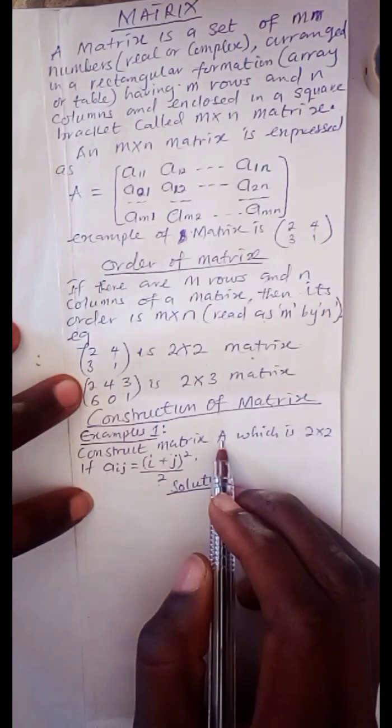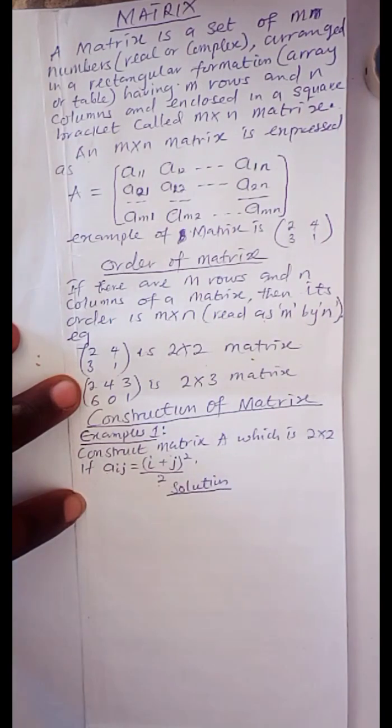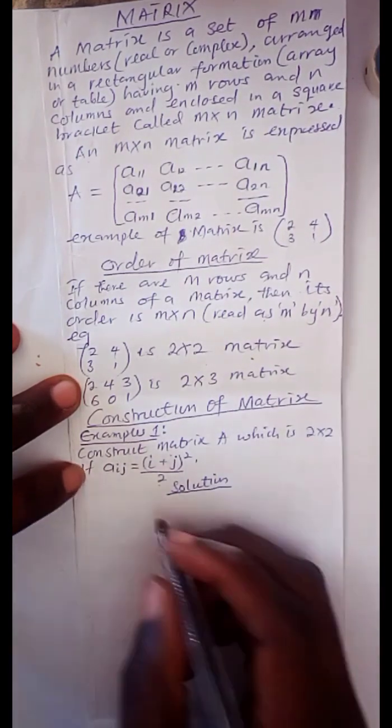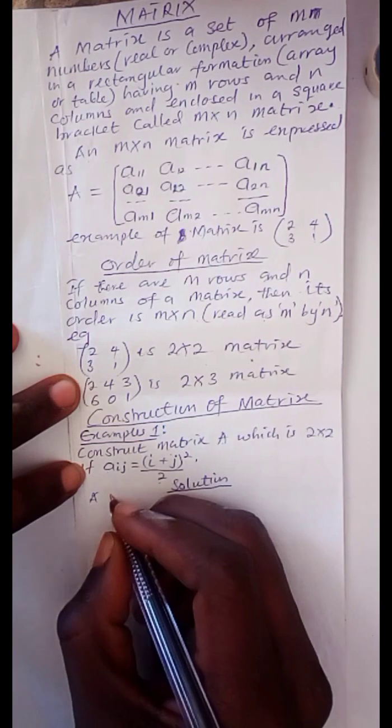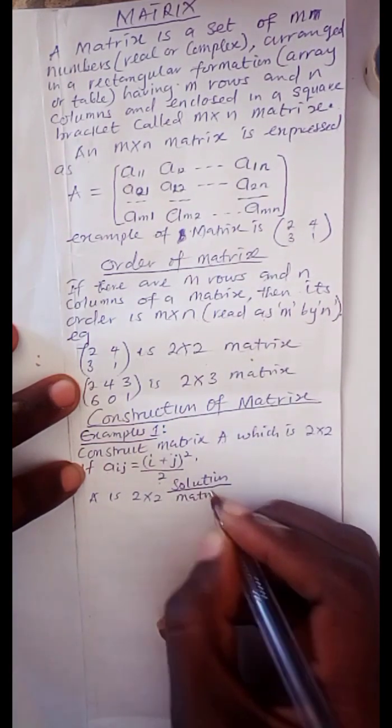So now let's start. Solution. From the question we know that A is a 2 by 2 matrix.